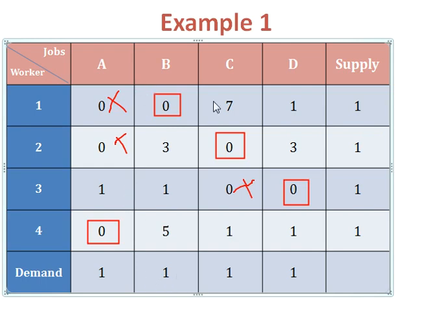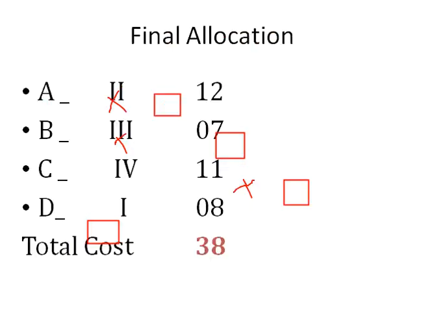As you can see, the allocation has been made and we have obtained our final answer. So here the number of allocations is 4, and the matrix is also 4 by 4. So as per the allocation, our answer is, you can write like this.